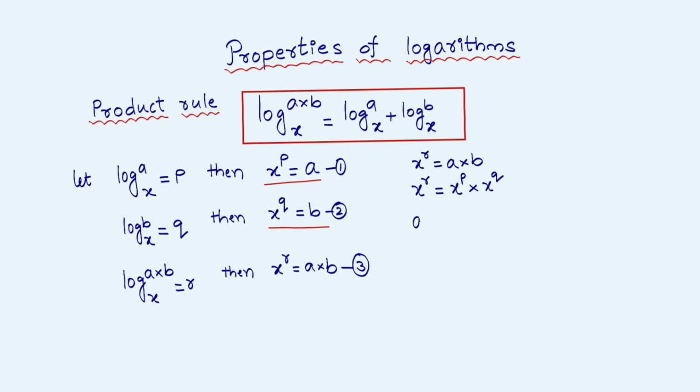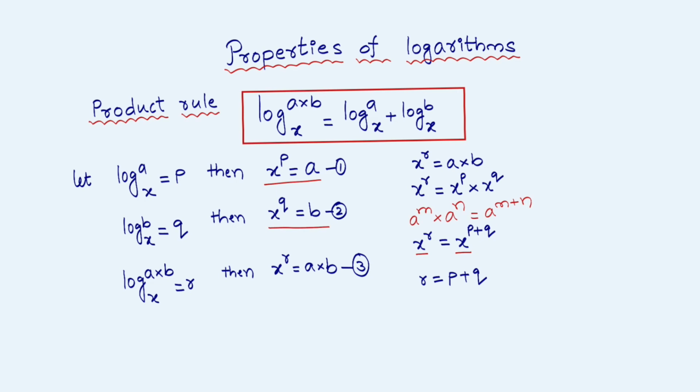If you have a to the power of m into a to the power of n, the result is a to the power of m plus n. So we use that law of exponents here. According to that, because you have x to the power of p into x to the power of q, we can write it as x to the power of p plus q. Now here, because the bases are equal, x, we can equate powers. So we get r is equal to p plus q.